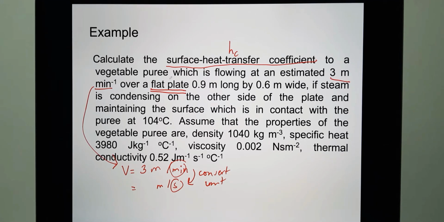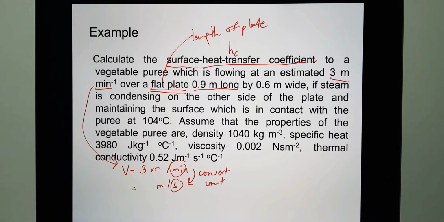So it should immediately occur in your mind that when you are talking about a flat plate, I need to deal with the length of the plate. We are no longer going to work with the diameter. Alright, so a flat plate 0.9 meter long by 0.6 meter wide.